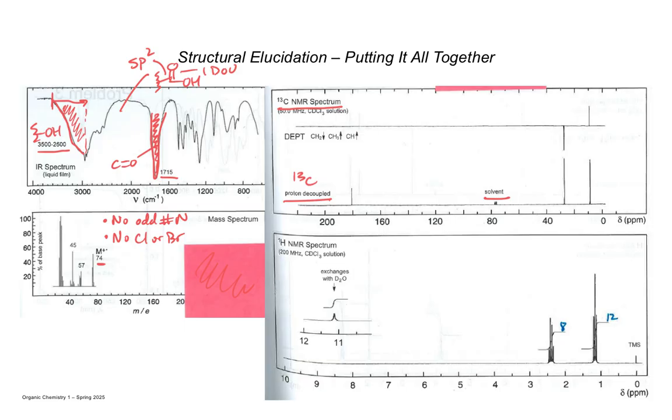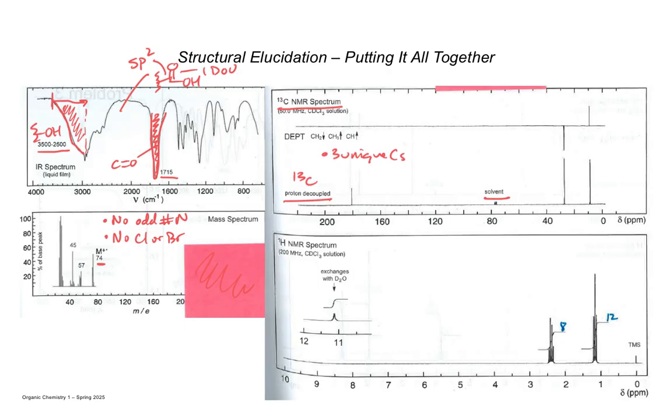It's just there, it's labeled. So aside from that solvent, how many signals do you see in that bottom carbon spectrum? 3. So that's 3 unique carbons. We have 2 of them between 0 and 40, and then 1 of them at 180.